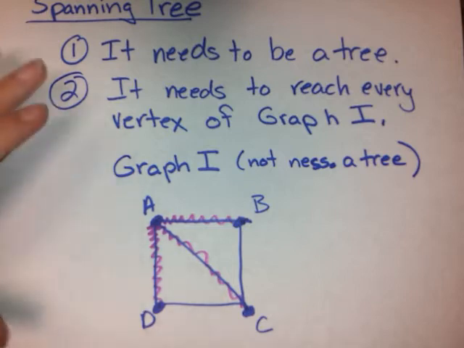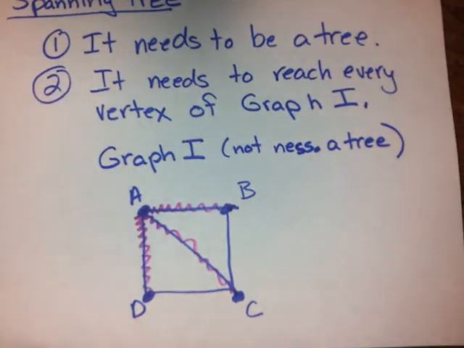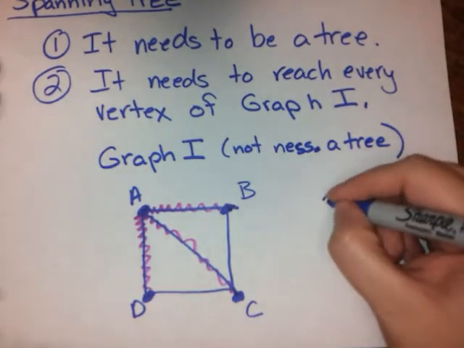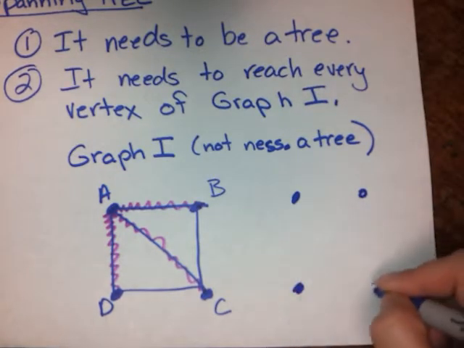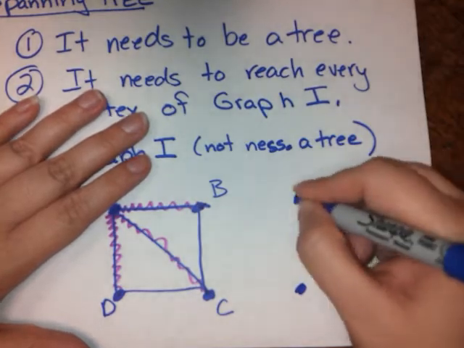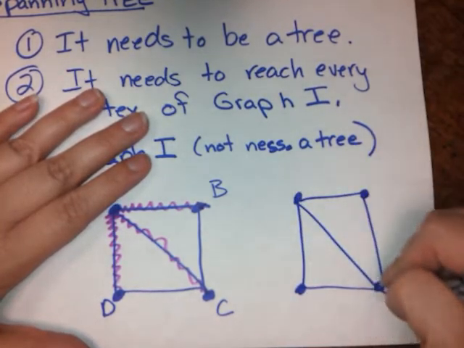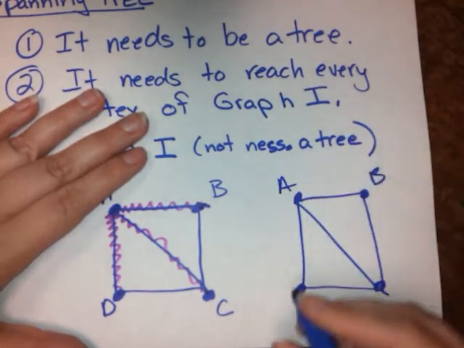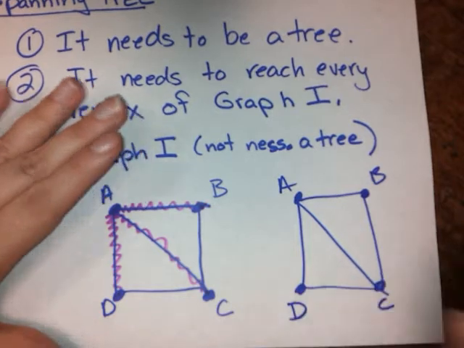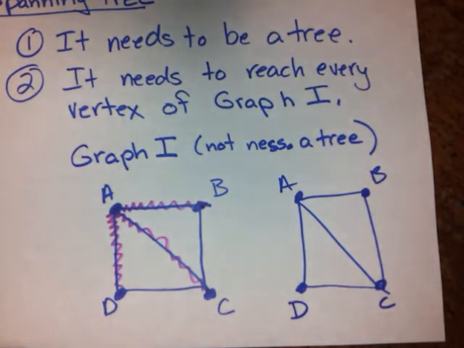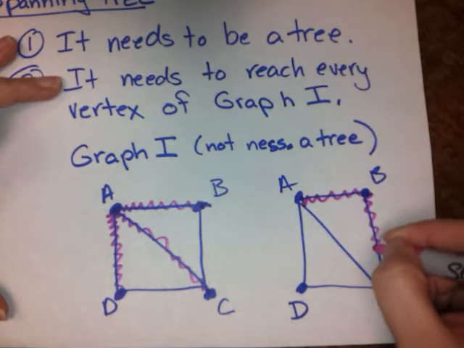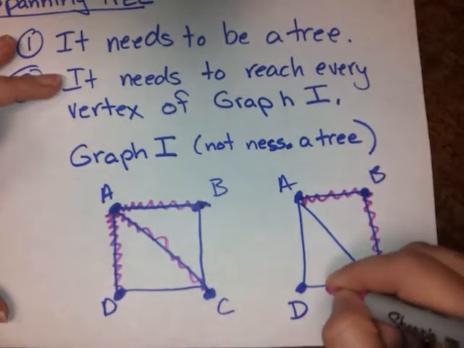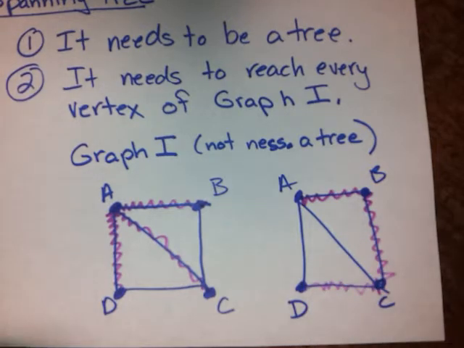That is not the only spanning tree. Let's make another spanning tree for the same graph. So here's another copy of graph 1. A, B, C, D. I could do A to B, B to C, C to D. That squiggly graph right there, that is a tree.